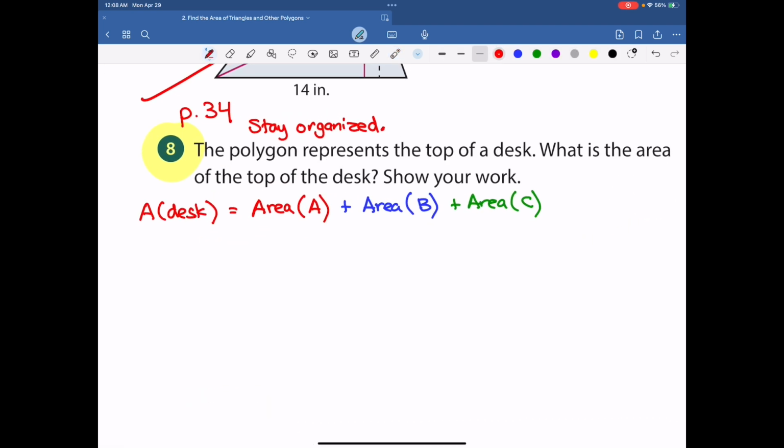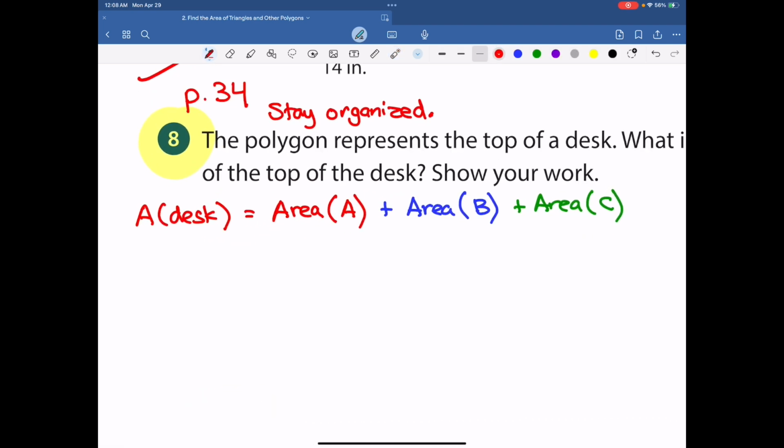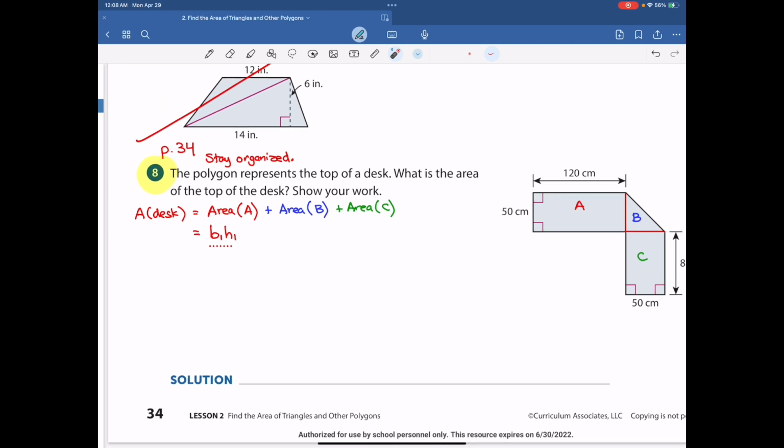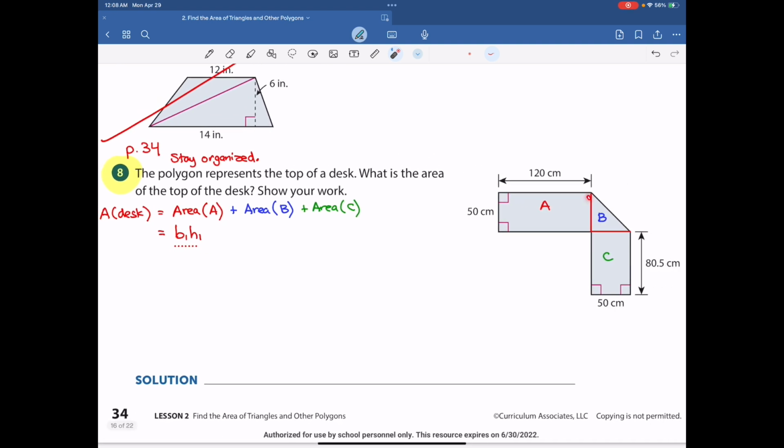So right here, let's go ahead and write down that the area of section A equals base 1 times height 1, since we'll have many bases and many heights in this problem. Next, switching to blue. This is a triangle. So I know that the area of a triangle is 1/2 base times height. We'll use this as our base and this as our height.